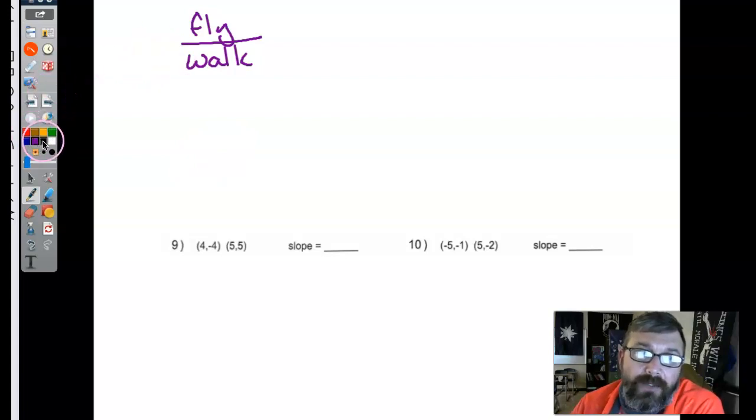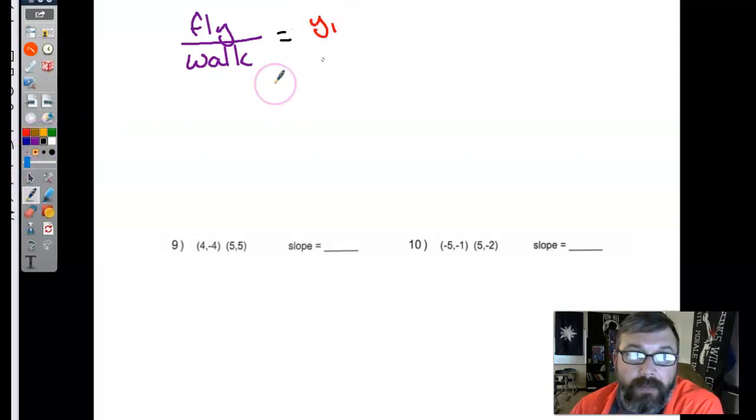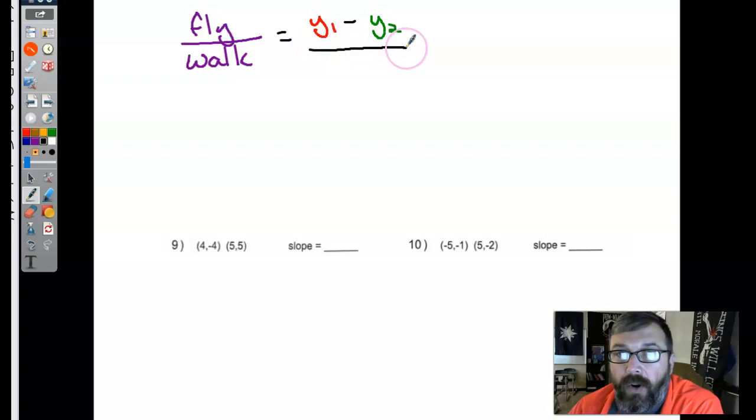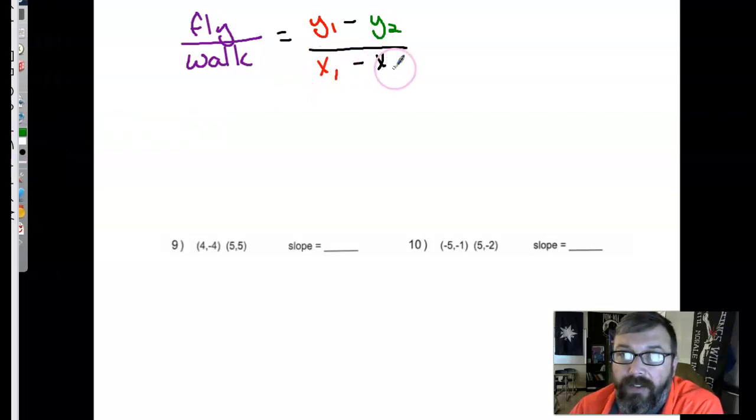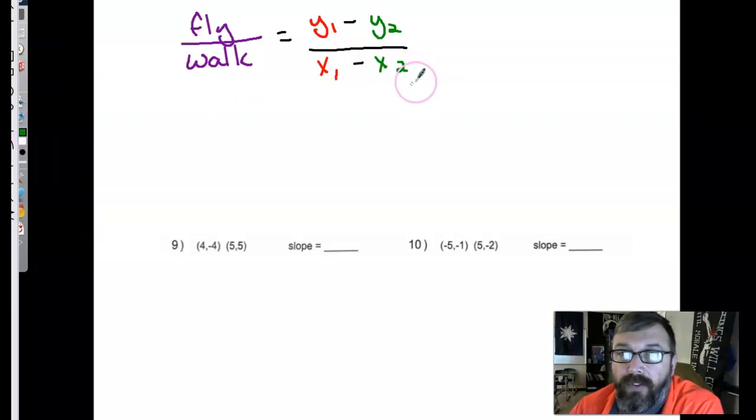So the equation for this is going to be fly over walk is going to be the same thing as y1 minus y2 over x1 minus x2.